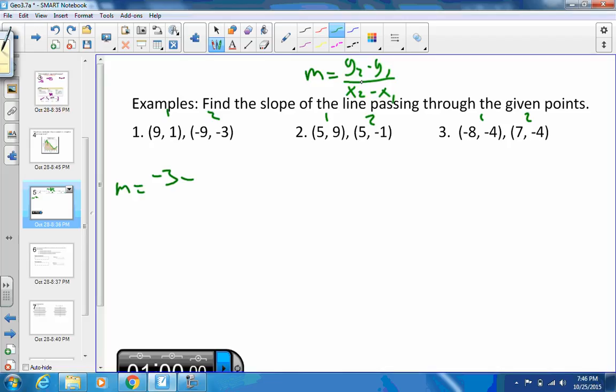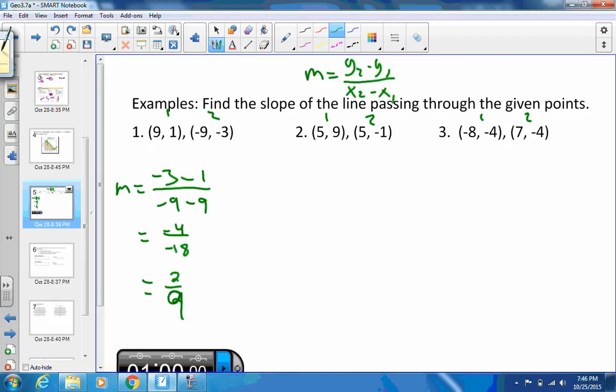Subtract, so minus y1, which is 1, over x2, should be -9, minus 9, because that's our x1. Now, if you simplify this, I think you get -4 over -18. The negatives would definitely cancel out there, but then you can reduce it to 2/9. So the slope of that line would be 2/9.